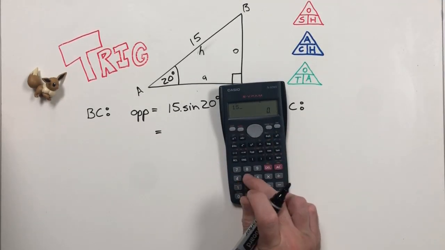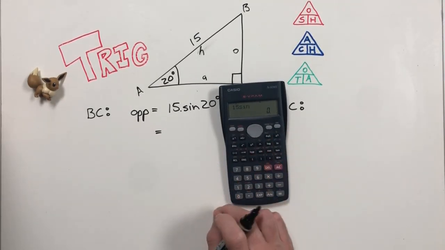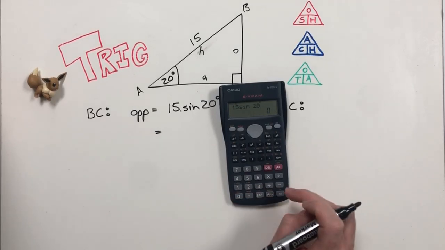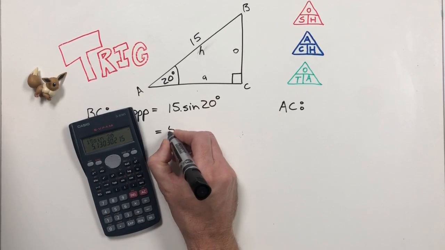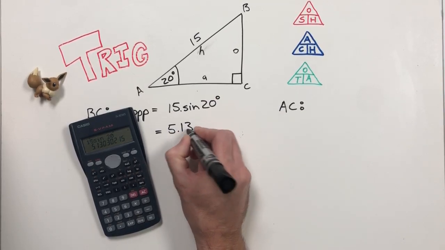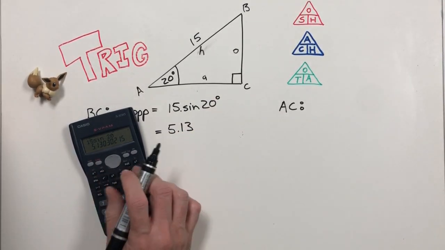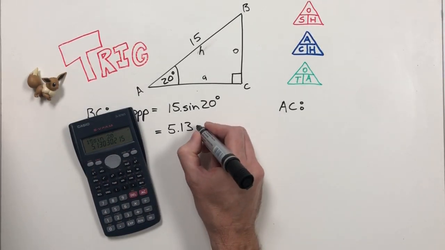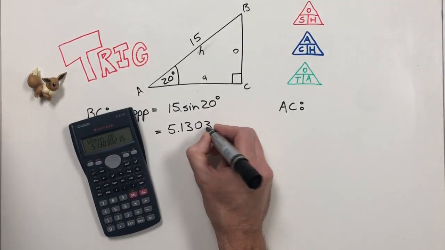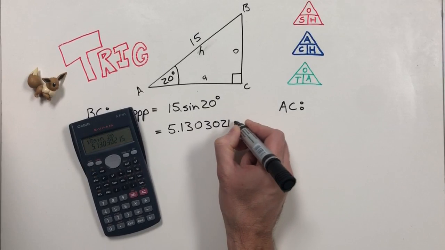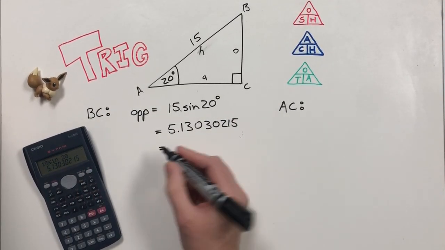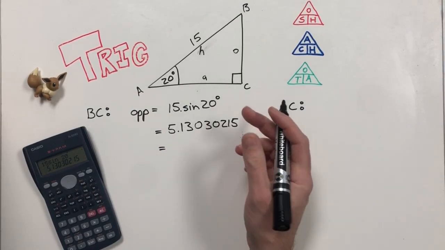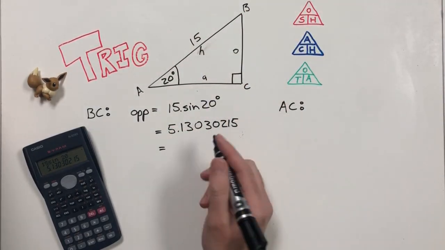So I would just say 15, press the sine button, and 20 degrees, and that would be 5.1303. So to three significant figures, I would always suggest writing this whole number down. For an IGCSE exam, that's always a good practice. And then if they want it to the nearest centimeter or something, you can do the calculation.